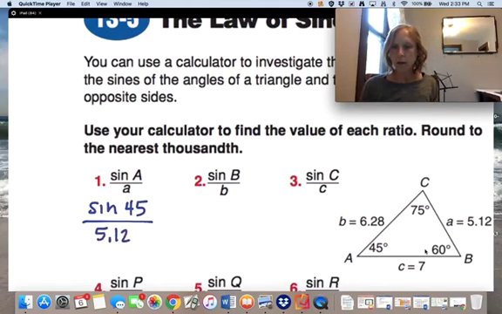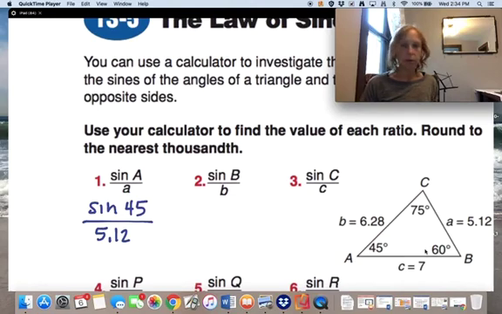Again, make sure that your calculator is in degrees, not radians. To double check that, we would not press math, we would press mode. It's on the top next to your second button, and make sure that the word degrees is highlighted. So I'm good there. So we're going to find the sine of 45 degrees, and then divide that by 5.12.